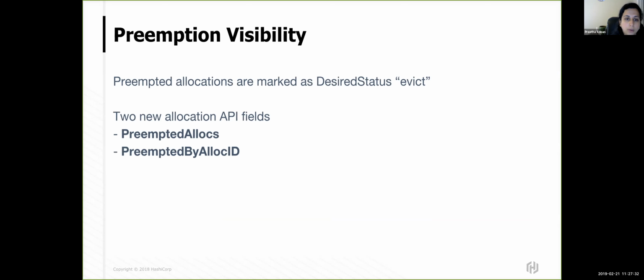The job that causes preemption, any of its running instances or allocations, will have the preempted allocs field set. It'll be a list of allocation IDs of the things that it preempted in order to place this. And then we also do it backwards, so preempted by alloc ID. Anything that got preempted by the scheduler is going to have a new field in it pointing backwards to the workload that preempted it.